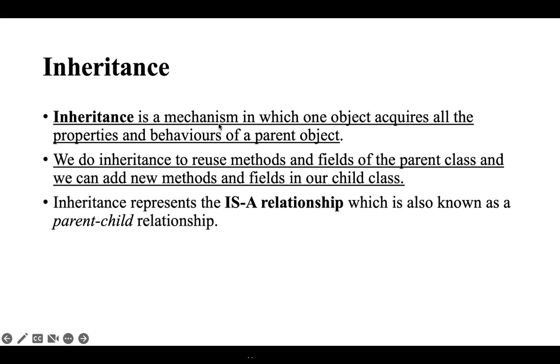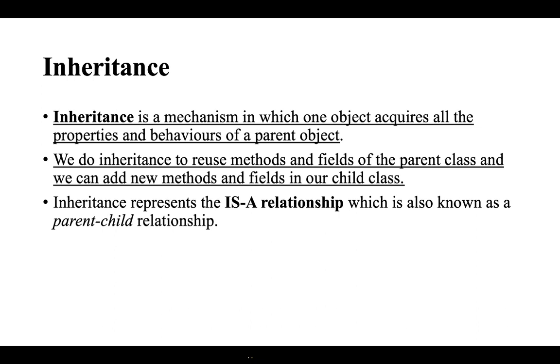So you can give the definition of inheritance in terms of objects, or you can replace the word object with the word class. So from this definition, we now know that by using the concept of inheritance, we can use the methods and the fields which are normally available in some other class.